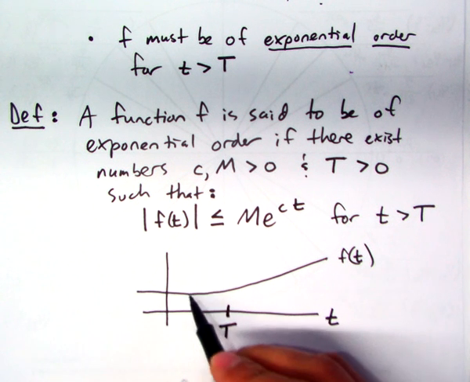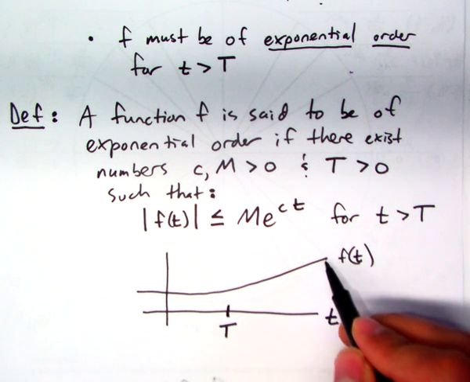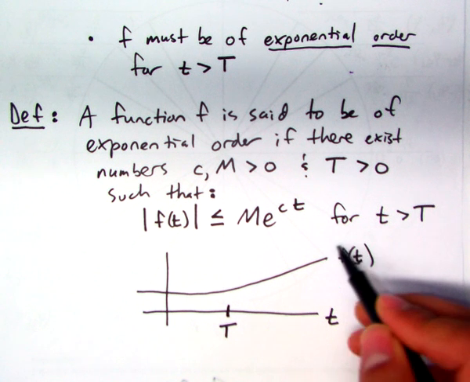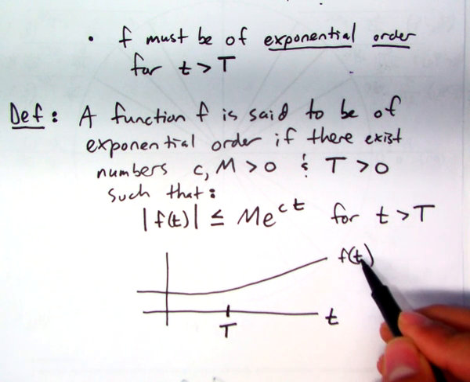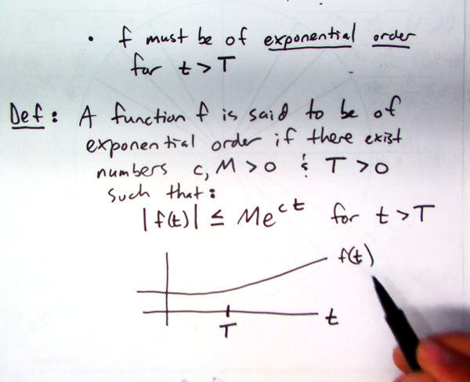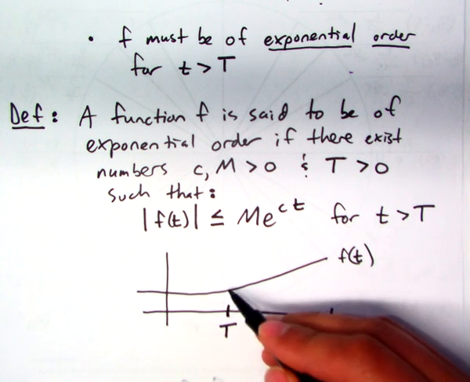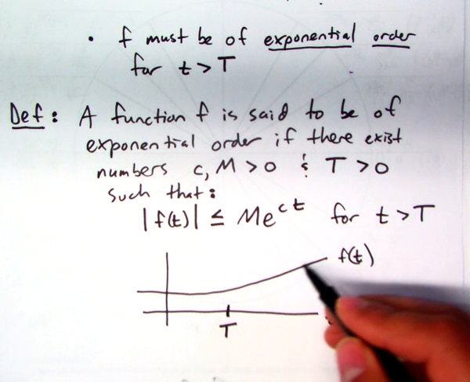It's generally an increasing function. The idea is that in order for this function to be of exponential order, we're able to find some exponential function that basically takes over and becomes bigger than f of t.